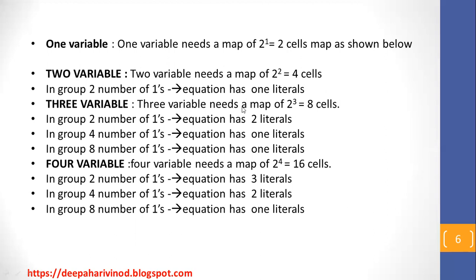In the 3 variable K-map, 2 raised to 3 means 8 cells. In a group, if you have 2 number of ones, then the equation has 2 literals. If it has 4 number of ones, then the equation has only 1 literal. If 8 number of ones, then we can say the complete equation will be equal to 1.